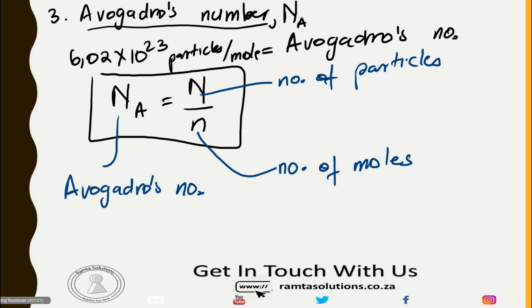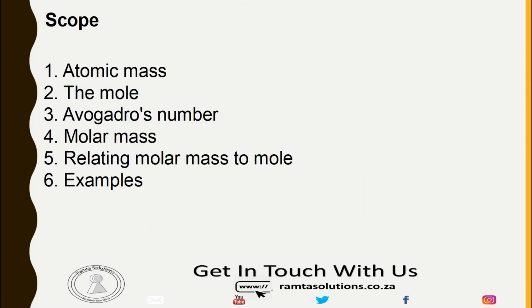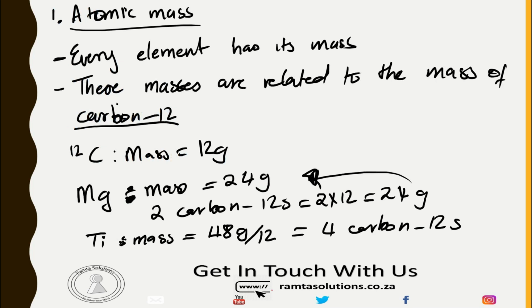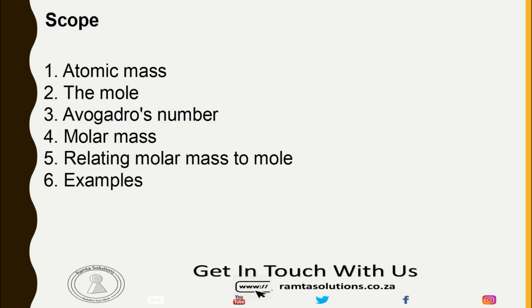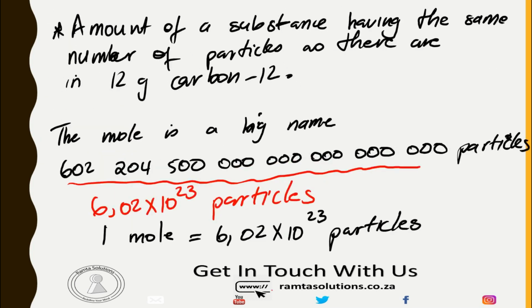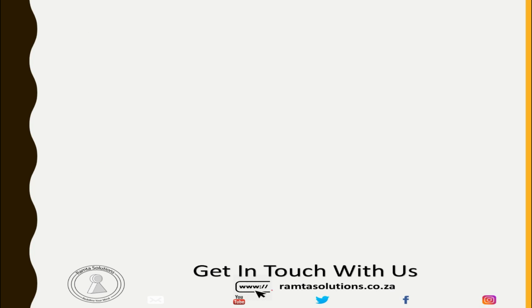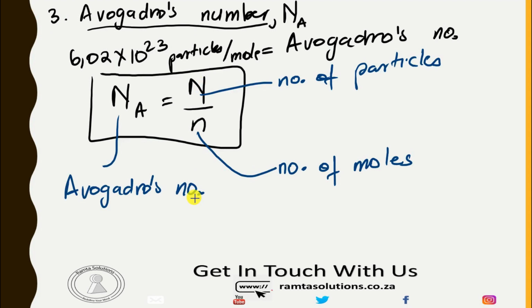All right. Let's see if we are leaving anything. Now we are going to the molar mass. Number 4, we are going to the molar mass. Remember what I said before proceeding: Avogadro's number is 6.02 times 10 to the 23 particles per mole.